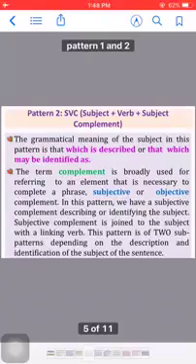The grammatical meaning of the subject in this pattern is that which is described, as in Ali is happy, or that which may be identified as, as in Ali is a teacher. So once I say Ali is happy, the grammatical meaning of Ali, the subject here, is that Ali is described as happy.